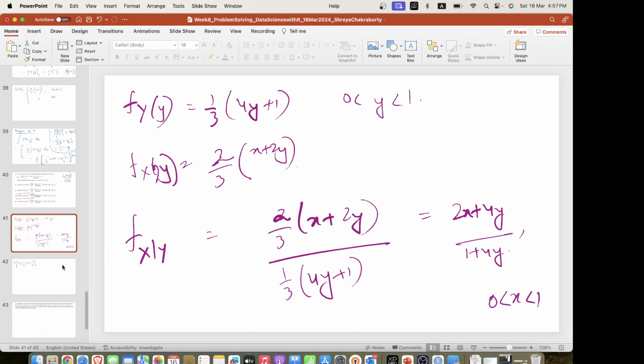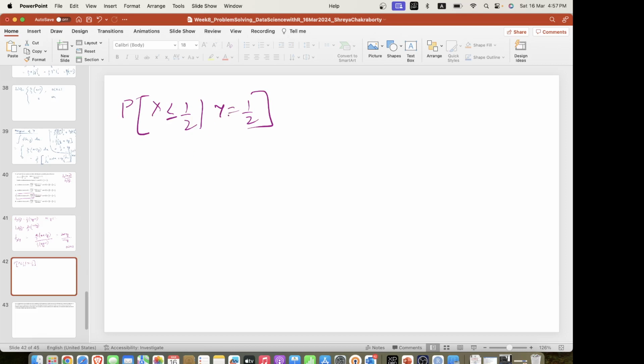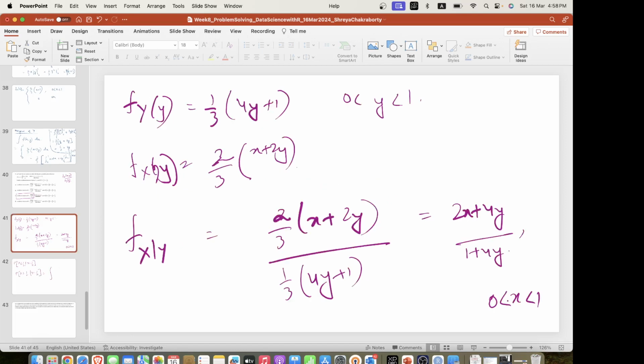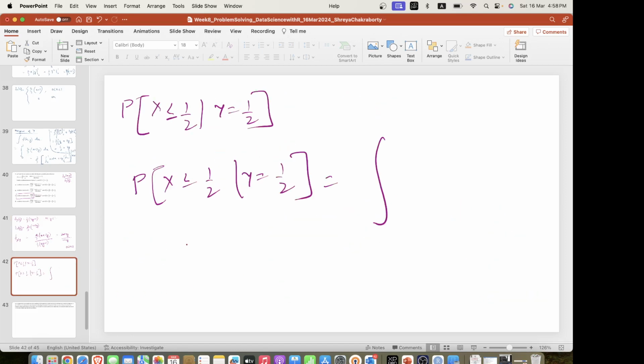Once we have this, given y is half, what is the range of x? 0 less than x less than 1. So we have to take 0 to half.